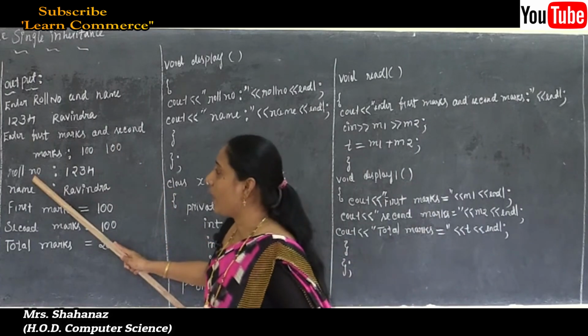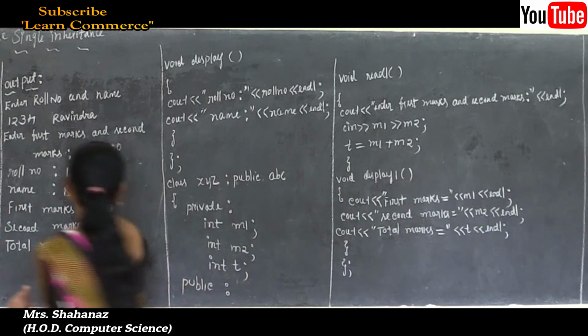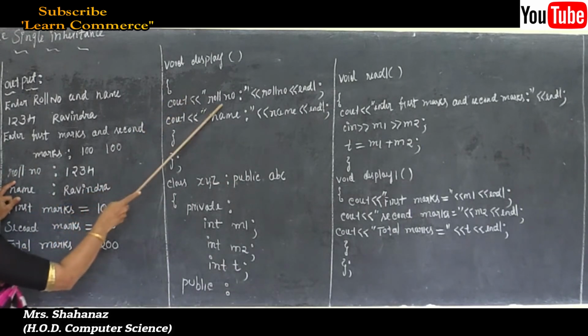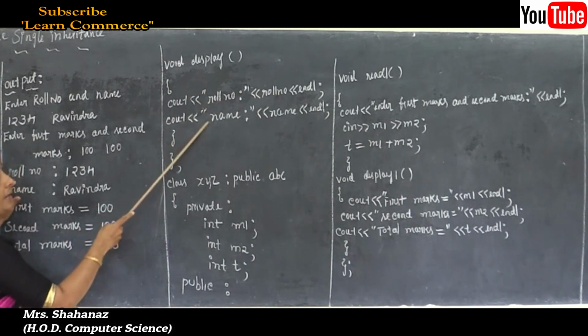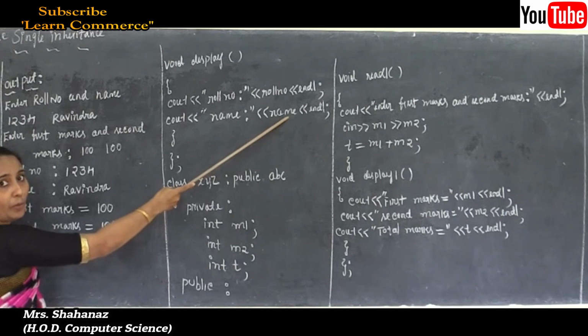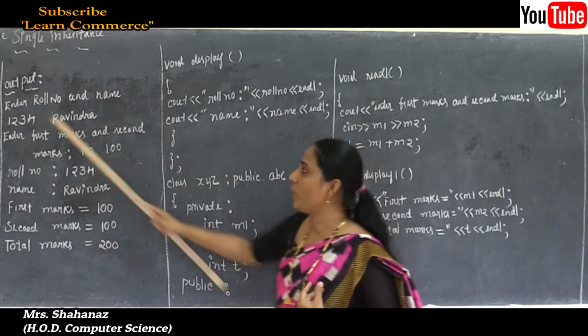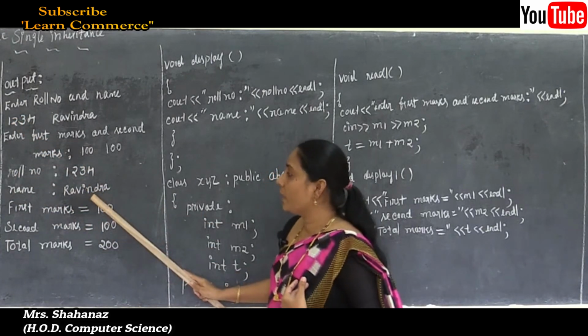After that we access ob.display. In ob.display we already wrote to display the roll number and the name of the student. The roll number is 1234 and the name is Ravindra.